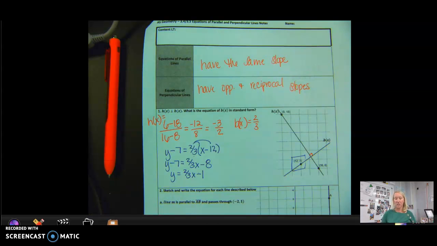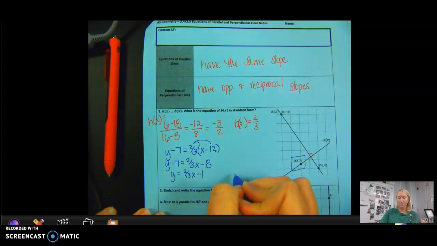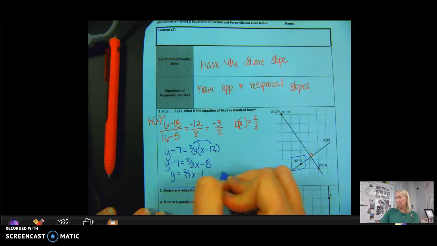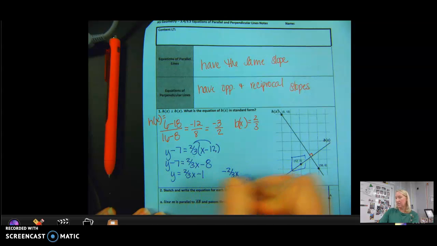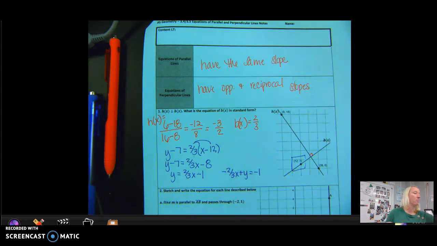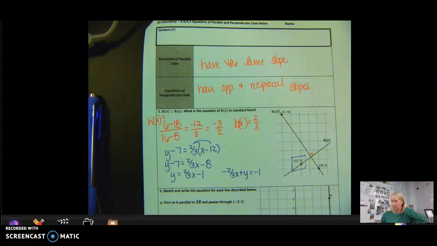So that currently is slope-intercept form. What I'm going to do now is move this 2/3 over, so I'm going to subtract it. So it's going to be negative 2/3 x plus y equals negative 1. But if you remember, that first guy can never be negative, nor can it be a fraction. Okay, sorry about that.